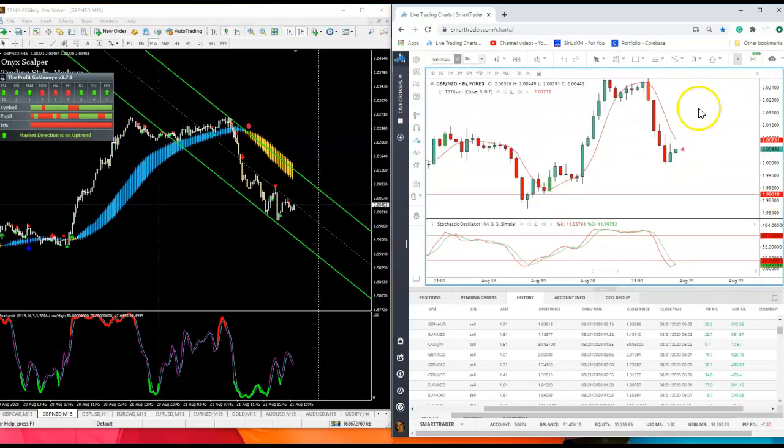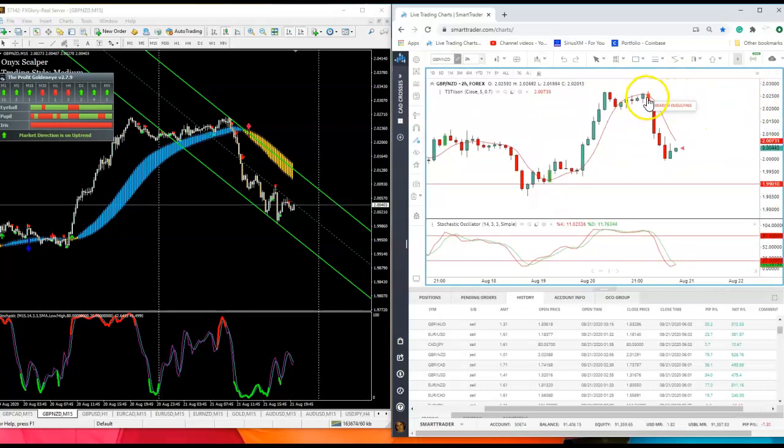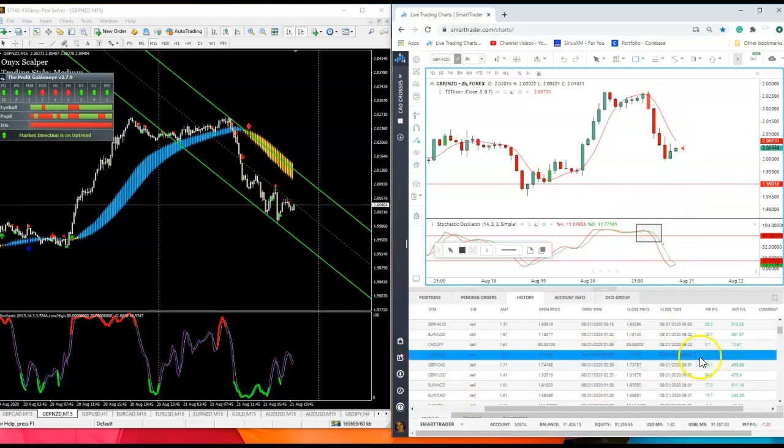We've got more confirmation. We've got a bearish engulfing candle, previous resistance level, price breaks below the Tilson 3, stochastics overbought, and there it is, 79 pips on this trade.